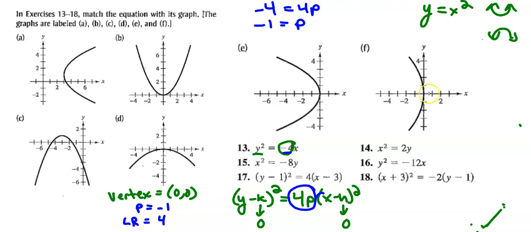But I'm going to look at this and say, if I go 1 to the left here, that's my value of p, and draw a line perpendicular to my axis of symmetry, is the value 4? Is that length there 4? And notice this distance right here is 4. If I were to think it was this one and drew my vertical line right here, I can see it's closer to 6 or something like that. So E is actually linked to number 13.